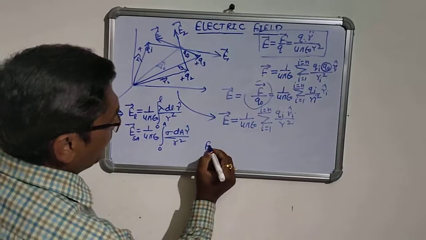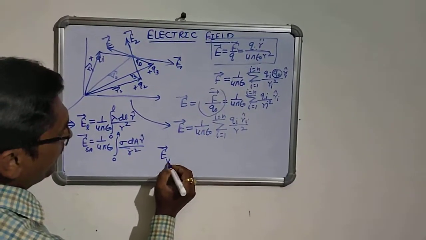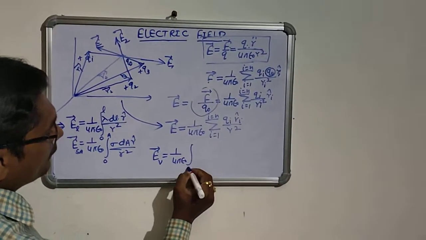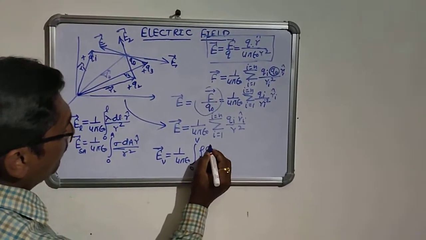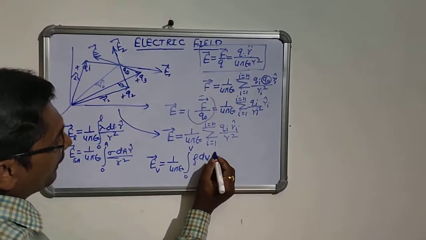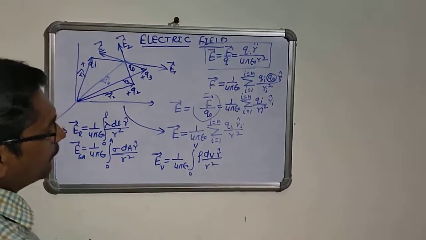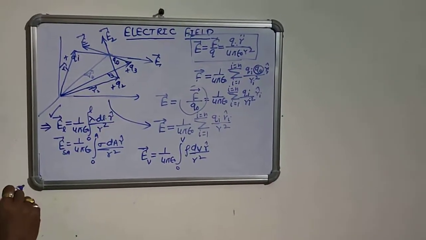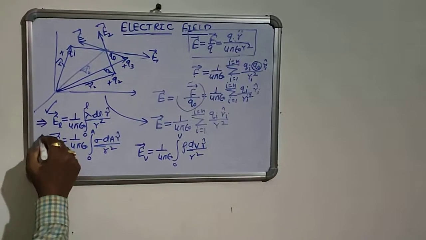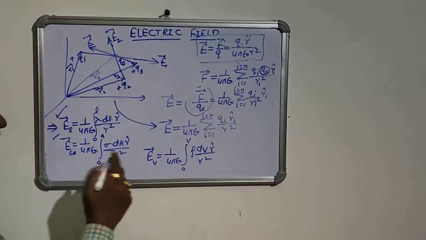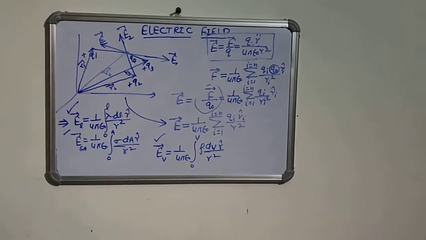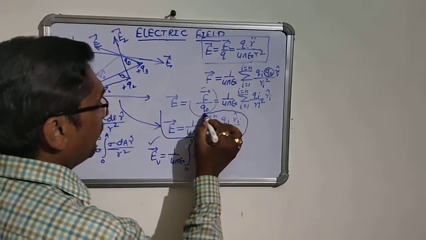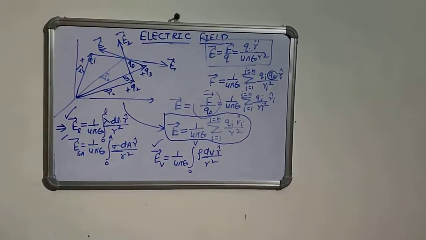And electric field in terms of volumetric distribution of charge can be written as 1 upon 4 pi epsilon naught, integration 0 to V, rho dV r cap upon r square. This is the electric field for linear charge distribution, this is for surface charge distribution, and this is for volumetric charge distribution. And this term is the electric field for discrete distribution of charge.